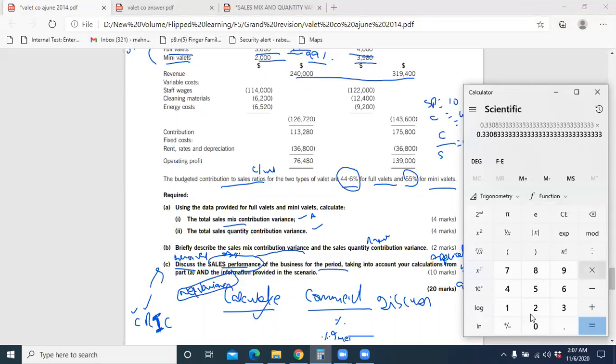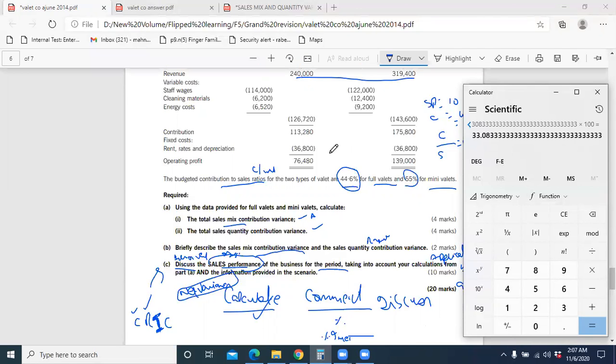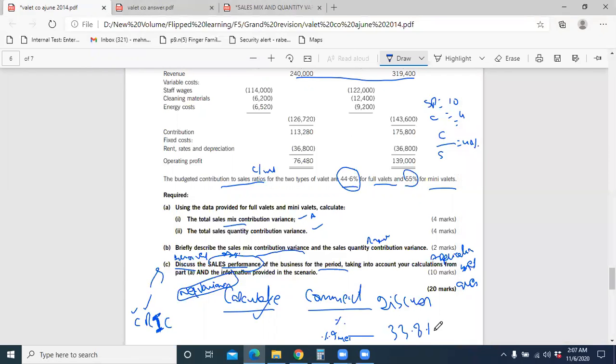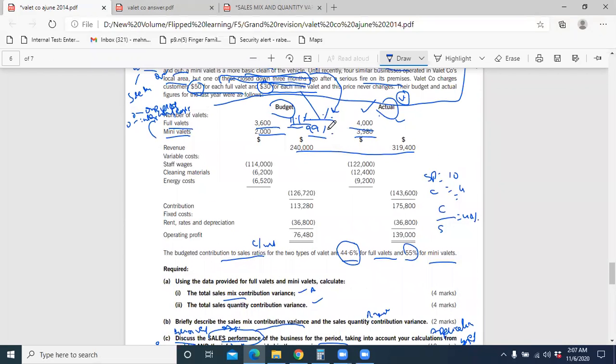There is 33.08. In the comment you need to calculate the percentages, that would give you an idea. You could talk about all of these figures just calculated here. There was a 3.8% increase in the revenue, which could be explained by the 95% increase in the mini wallet and the 11.1% increase in the full wallet.